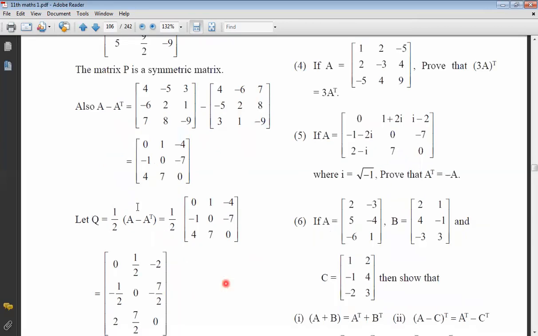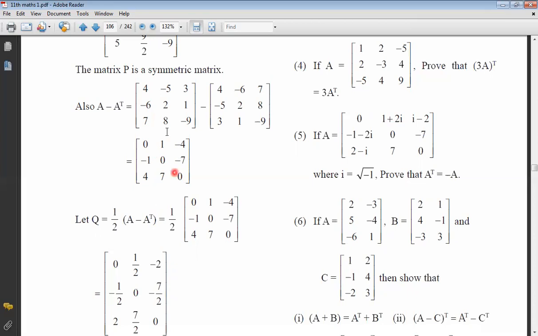Next, let's do A minus A transpose. A is here, A transpose is here, interchanging rows into columns. So we will subtract: 4 minus 4 would be 0, minus 5 minus minus 6, which would be minus 5 plus 6, is 1, and so on.